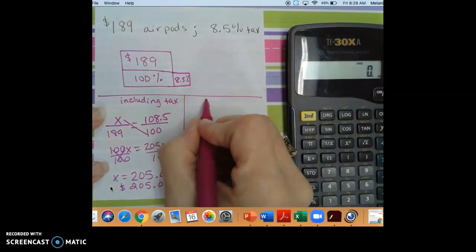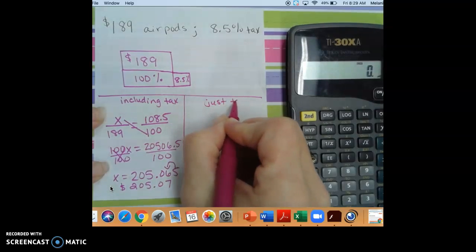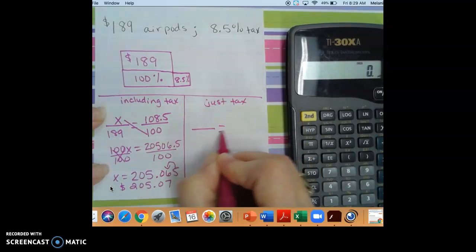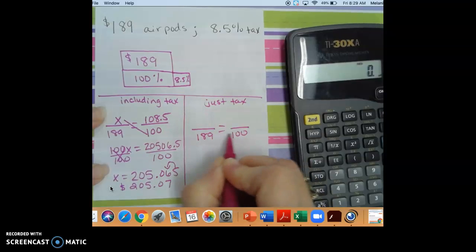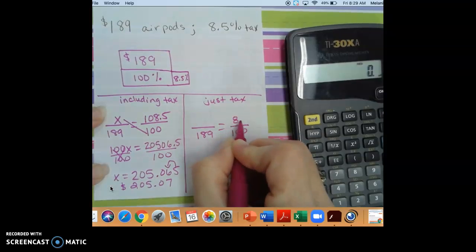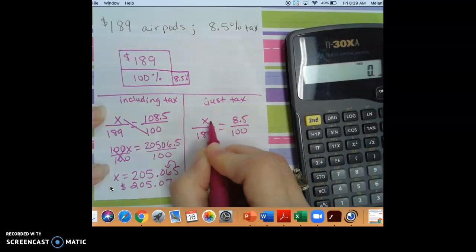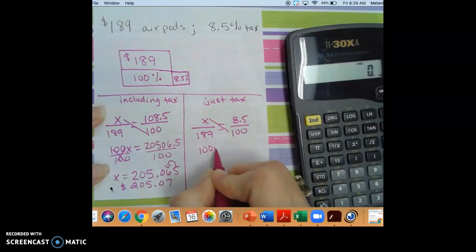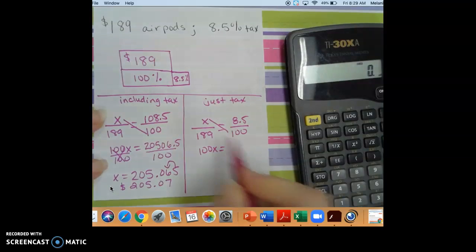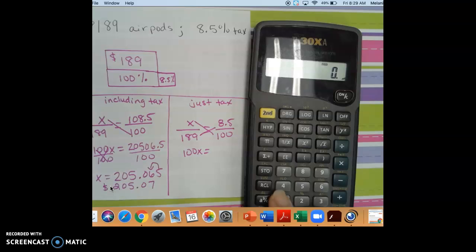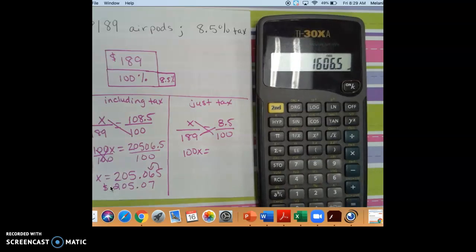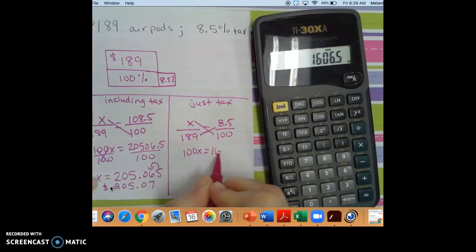Okay, and now if we want to know just tax. Just tax is just that 8.5%. So we've got the price of the item, and that's full price. Just tax is 8.5. So now I'm going to do 189 times 8.5, and I get 1606.5, I believe.